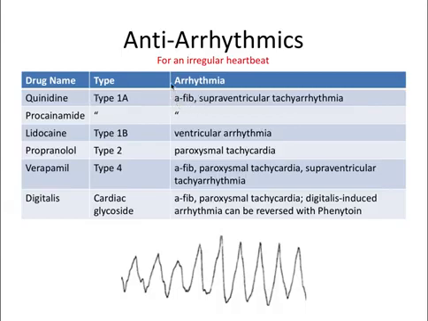Quinidine can be used for AFib, verapamil and digitalis can also be used for AFib. And then there's other ones here, like supraventricular tachyarrhythmia. There are different specific types of arrhythmias that someone can have, and you can take measurements on someone's heartbeat to determine what kind of arrhythmia they're experiencing, and then prescribe the proper antiarrhythmic.